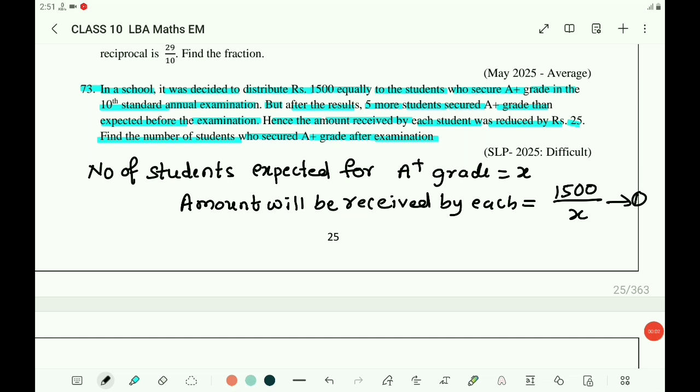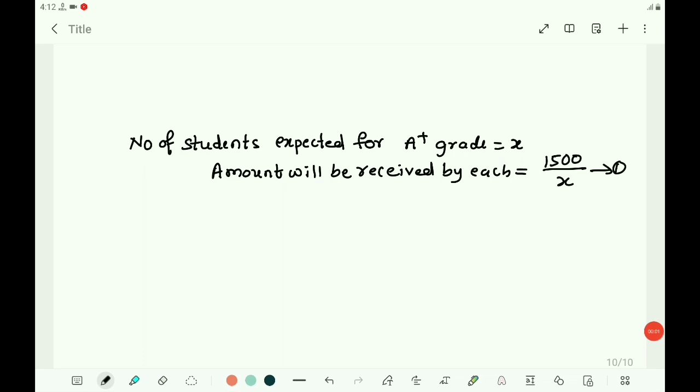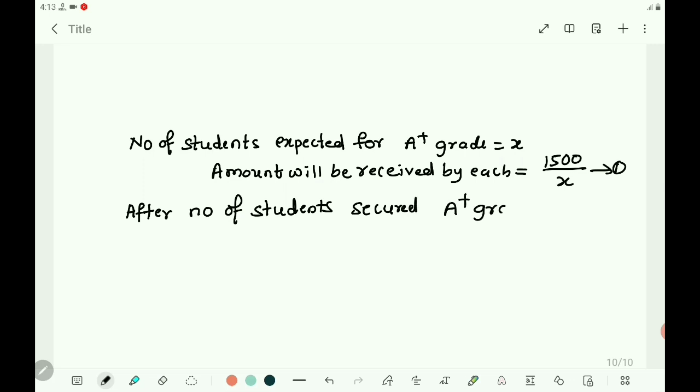But after the examination, 5 more students secure A plus grade. After the exam, the number of students who secured A plus grade, 5 more means x plus 5.